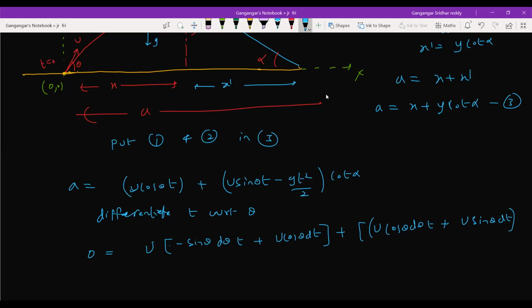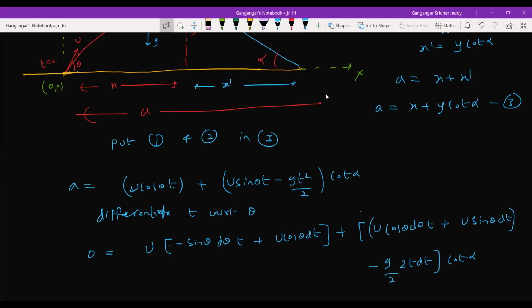We are differentiating with respect to theta. Then minus g by 2, 2t dt, into cot alpha. Solve for dt by d theta.